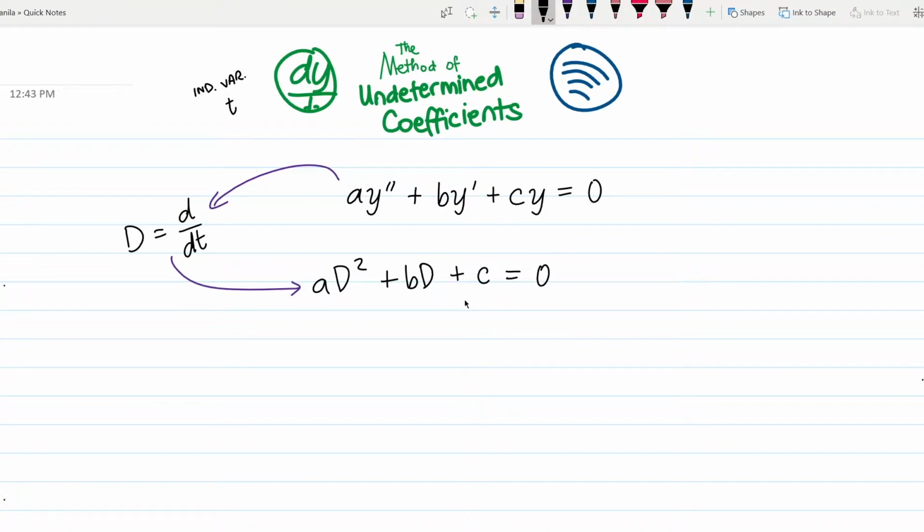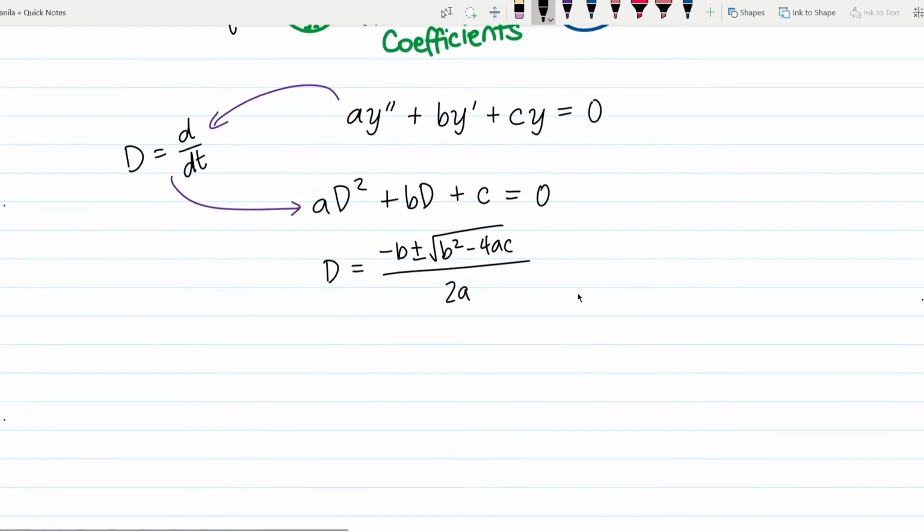That looks like a quadratic equation, and we use the quadratic formula to find d, which is your solution. So d is equal to minus b plus or minus the square root of b squared minus 4ac, all over 2a. And that's going to be your solution.